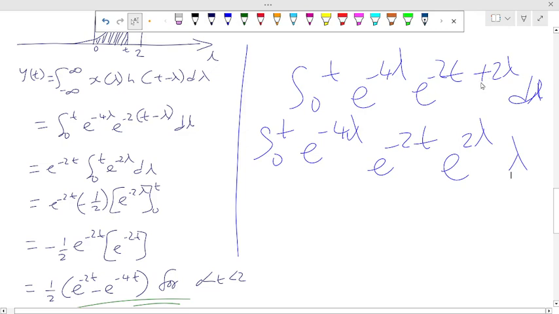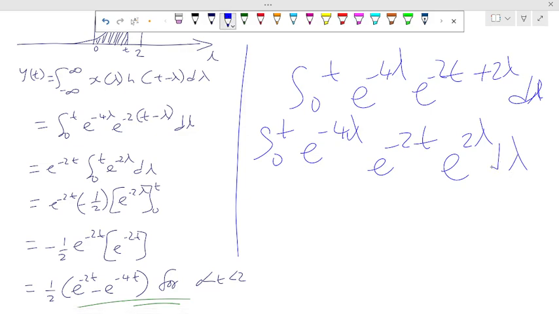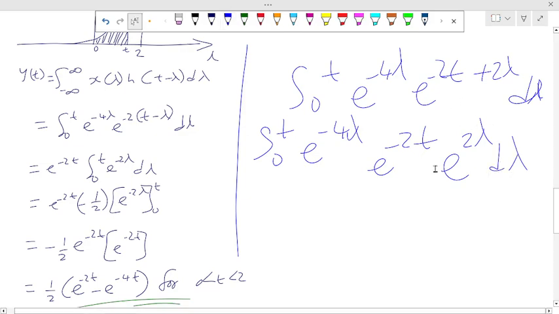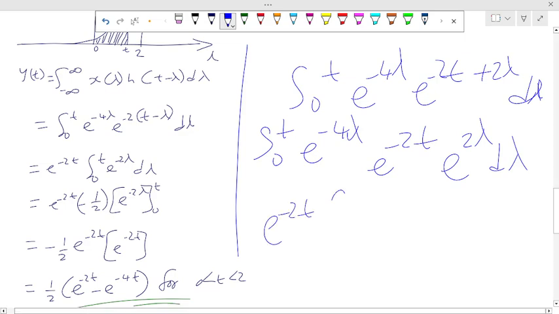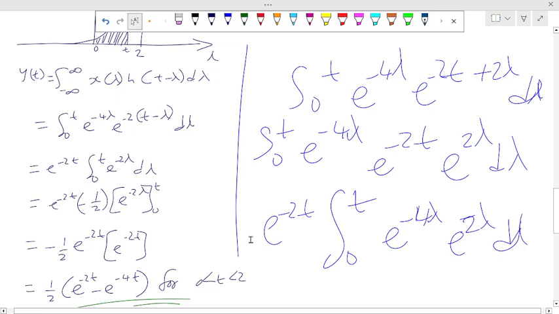Now what happens next? So we are integrating with respect to lambda, right? So all the terms that do not have lambda will go outside. They are regarded as constant. So e raised to the power minus 2t will come out. So what will be left inside is what? e raised to the power minus 4 lambda, e raised to the power 2 lambda, d lambda. I've done this simplification in the previous video.